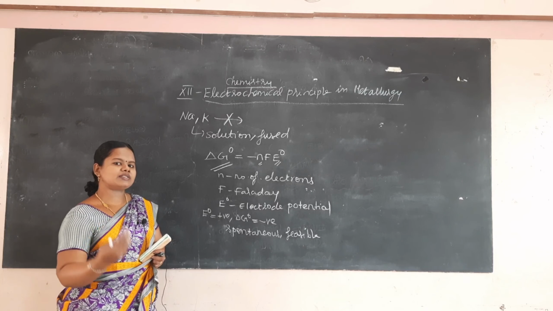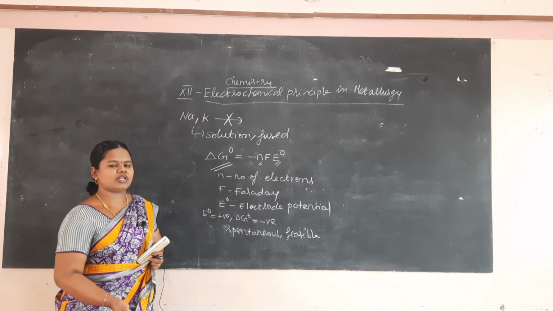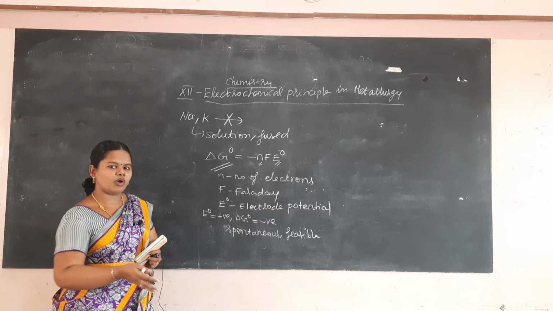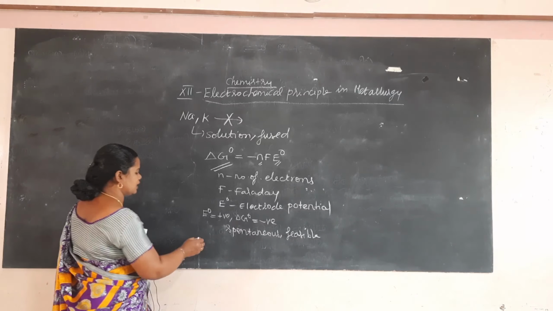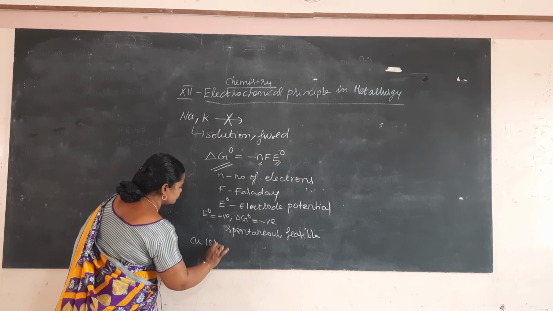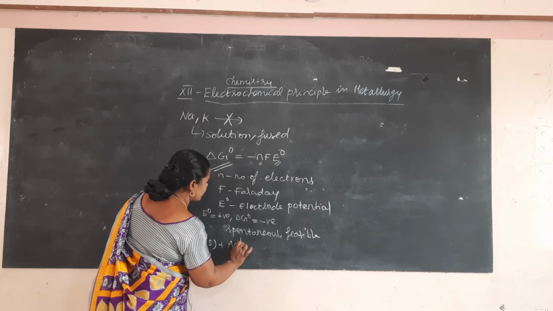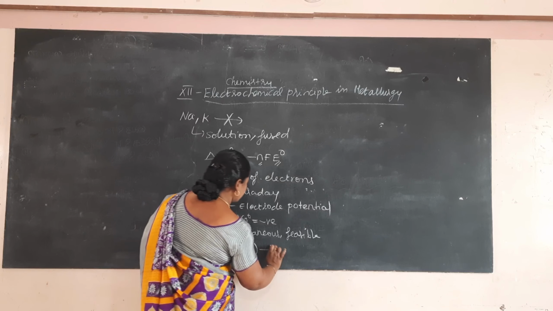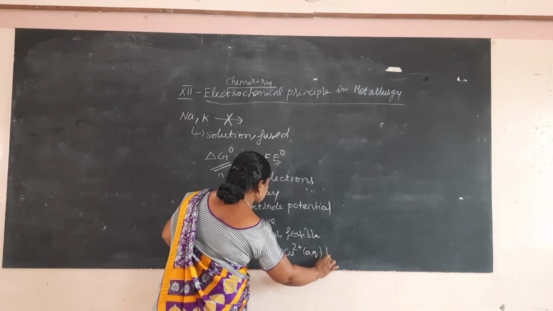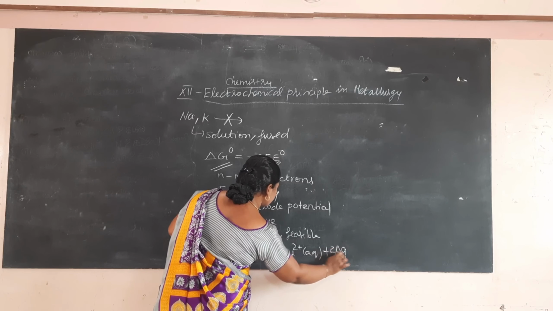So when a less reactive metal is present in a solution, we will add one more reactive metal that will go into the solution, as given by the equation: copper solid plus Ag plus aqueous gives copper 2 plus aqueous plus 2 Ag solid.